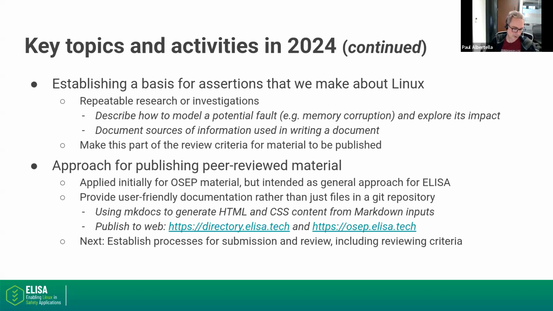An example of this was one of our contributors, Igor Stopper, who talked about modeling a particular potential fault, to illustrate the fact that if there's a flaw in the kernel itself, it could potentially corrupt memory and cause a serious problem.